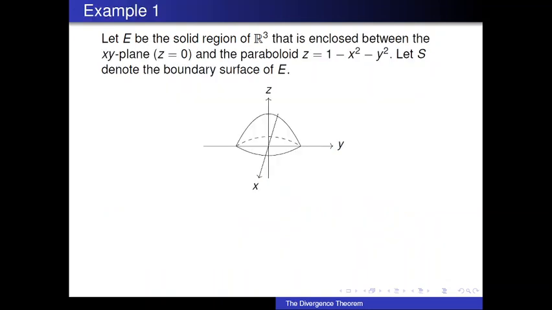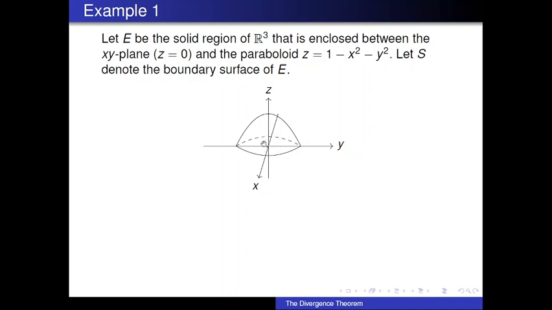Let E be the solid region of three-dimensional space that is enclosed between the xy plane and the paraboloid z equals 1 minus x squared minus y squared. And let S denote the boundary surface of E. Now notice S is going to come in two pieces. There's this paraboloid piece, and there's also this cap on the bottom.